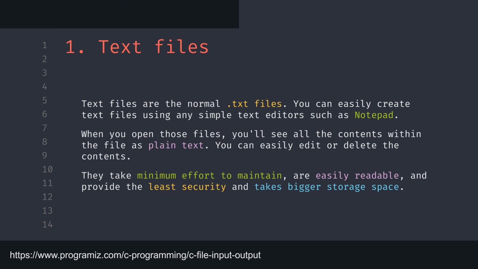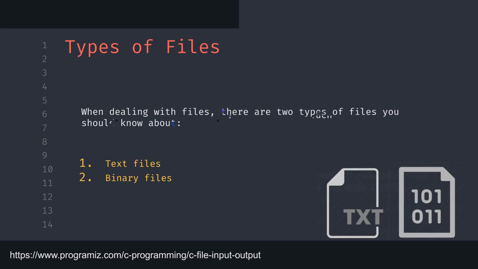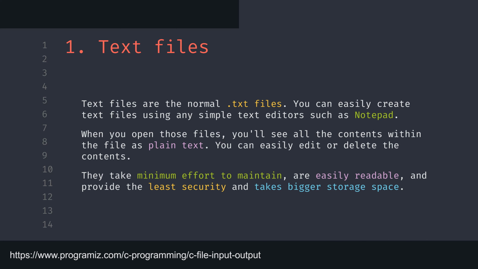For those encoding methods, you need to store a particular character with some size, right? But you can convert it into a binary version, and it will take very little storage.